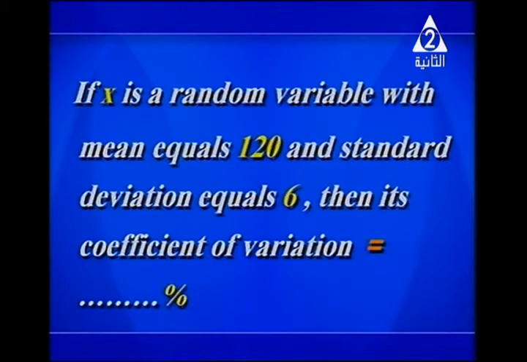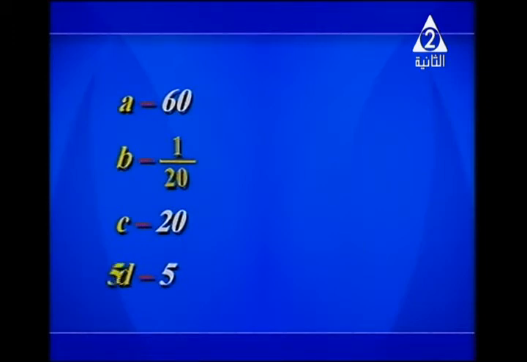Then its coefficient of variation equals what? Is it A 60, B 1/20, C 20, or D 5? What is the answer? It is 5. Why? Look at the solution.